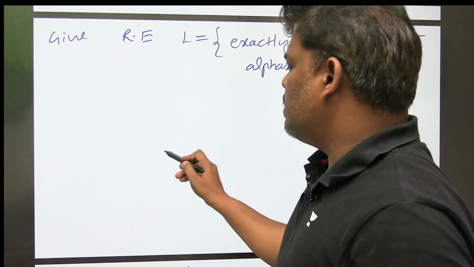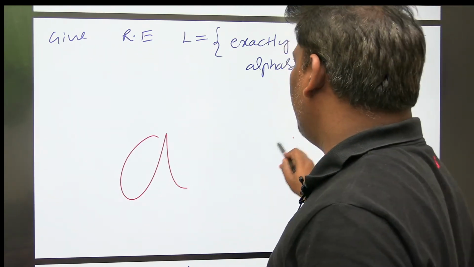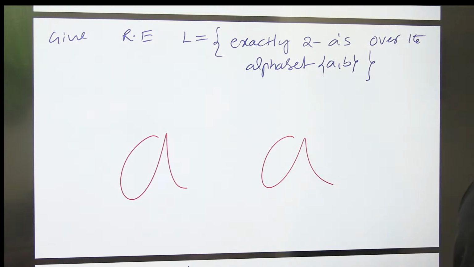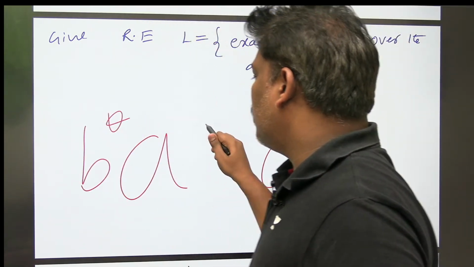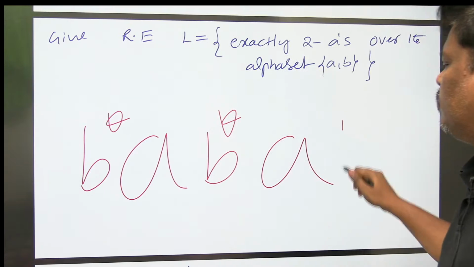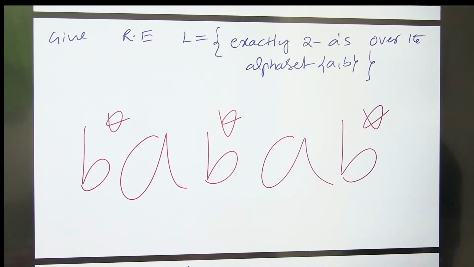Exactly 2 A's means you write 2 A's. But what about B's? They may come, may not come. If they come, they can come anywhere.